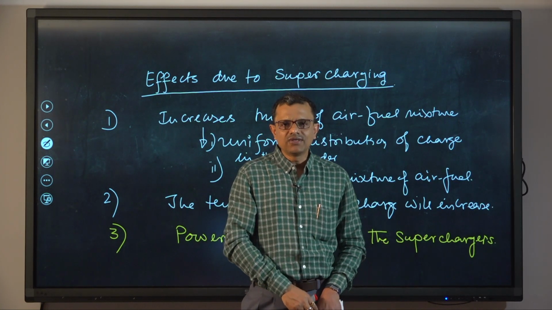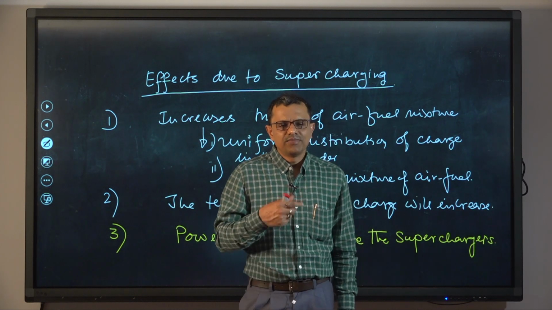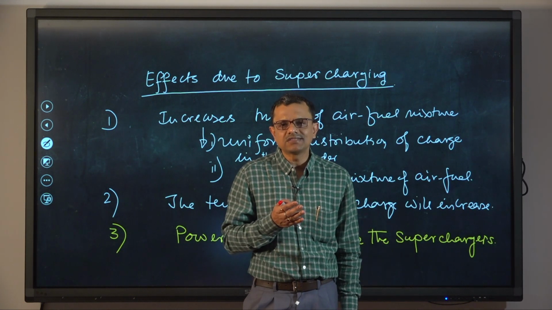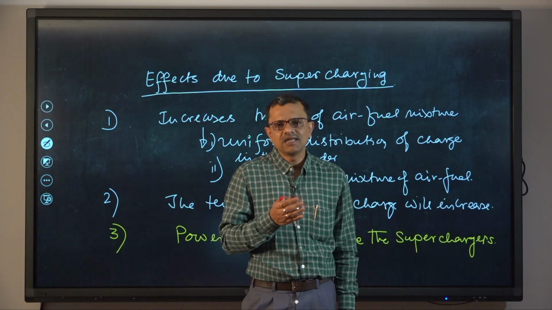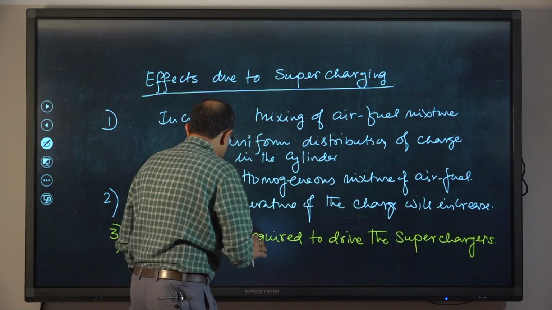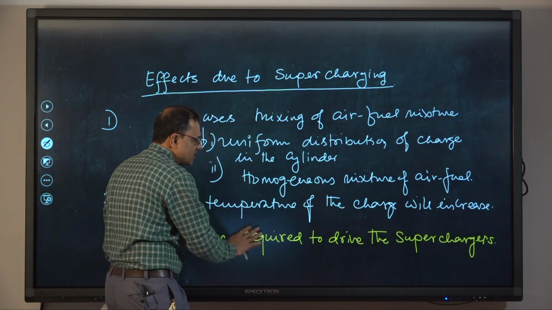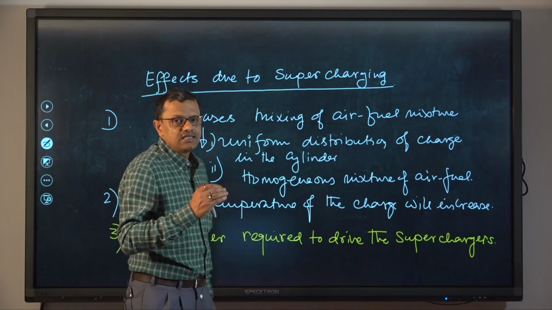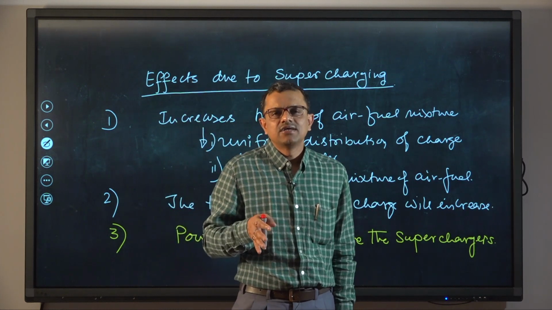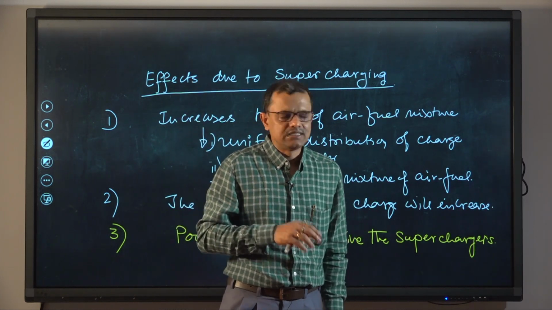So, now let us look into the mechanical devices which are typically used to compress the intake air, essentially to have better performance of the engine. But as I said, this part should be taken into account, so that the effective power output can be realized with the use of superchargers.